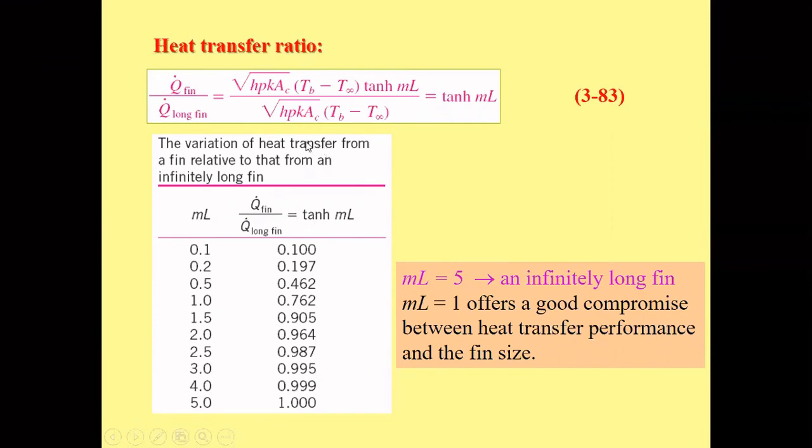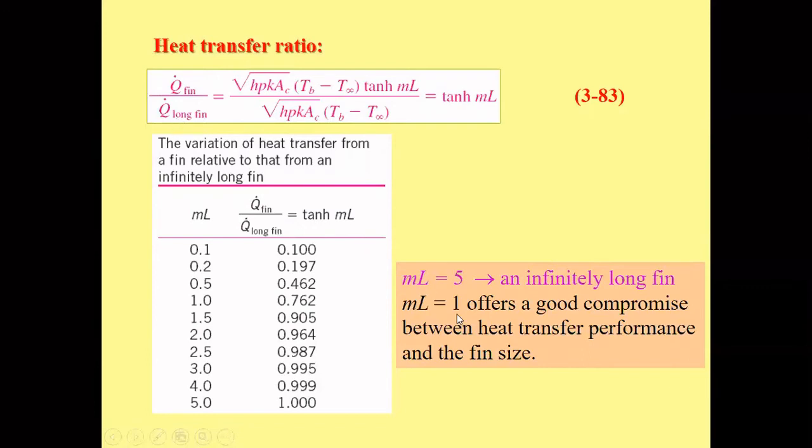All right, as you have seen, there is a lot of repetition of this mL term, right? Some calculation, an approximation actually, has been made from having this number of mL to the heat transfer ratio compared to the long fin.